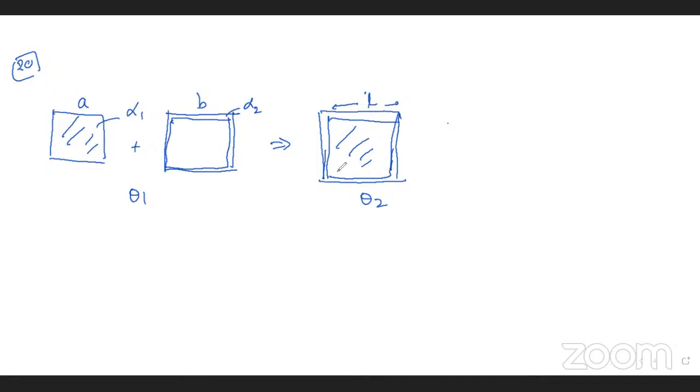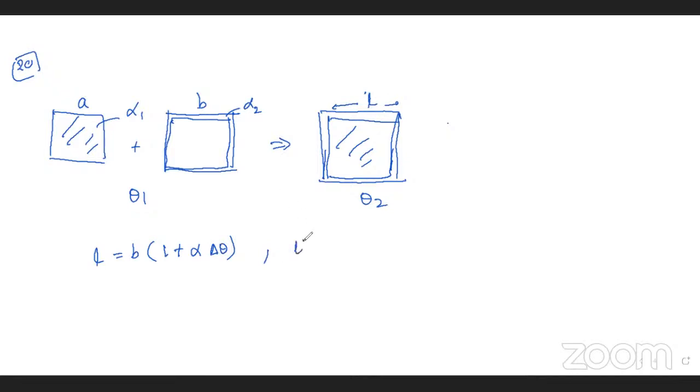For the frame, the length is equal to the initial length times 1 plus alpha 2 delta theta, where delta theta is theta 2 minus theta 1. This delta theta we need to find. For the sheet, you write the area because it's a sheet.